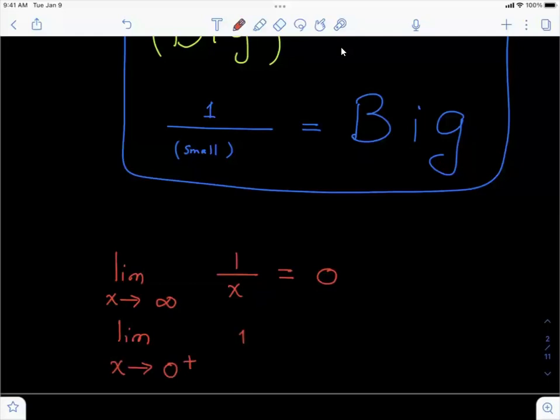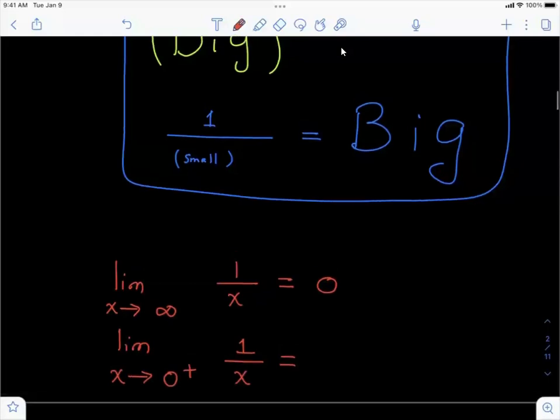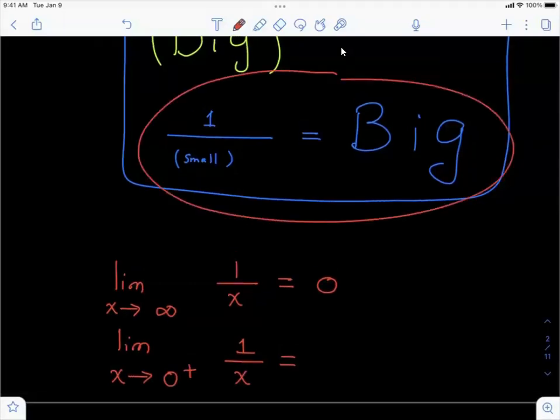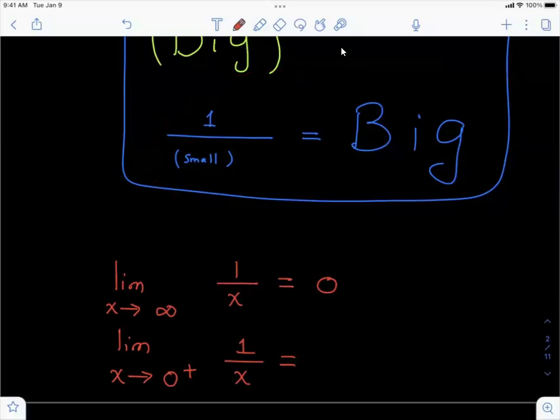In that situation, if you consider 1 divided by x, when the denominator is getting small, the outcome will be large. How large would it be? Since this is a process that never ends, it's always approaching 0 from the right side, this will result in an infinitely large number, a positive infinity.